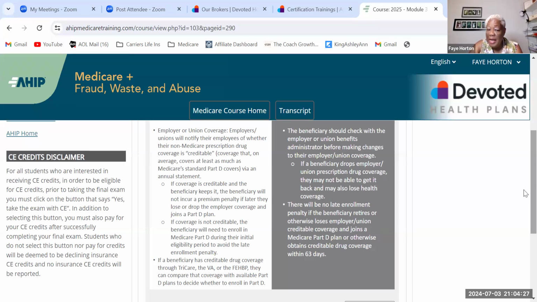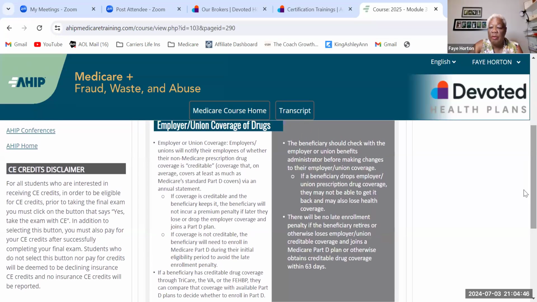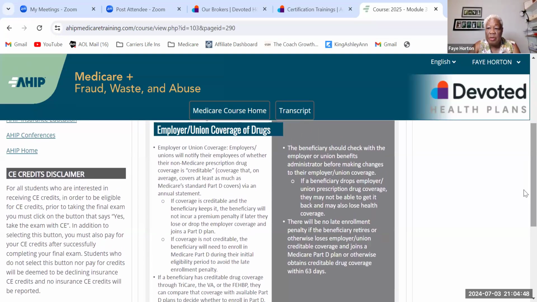If a beneficiary has credible drug coverage through TRICARE, the VA, or the federal health plan, they can compare that coverage with available Part D plans to decide whether to enroll in Part D. They can also ask the employer, the federal plan, because there are different federal plans, if it is credible so that they know.